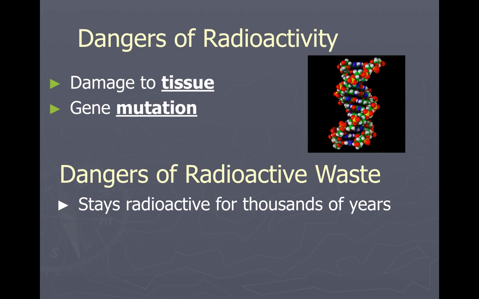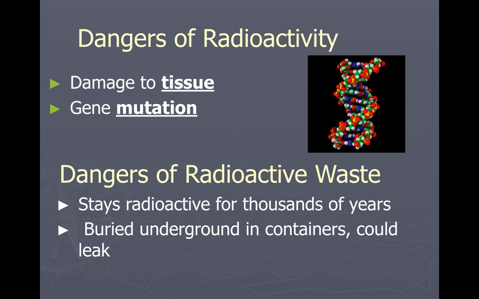Stays radioactive for thousands of years, depending on the isotope. And if it's buried in containers, it could leak. So nuclear power plants, when they're done with their waste, they do bury them, but the possibility of it leaking or an earthquake happening thousands of years later and exposing that radiation is a concern.